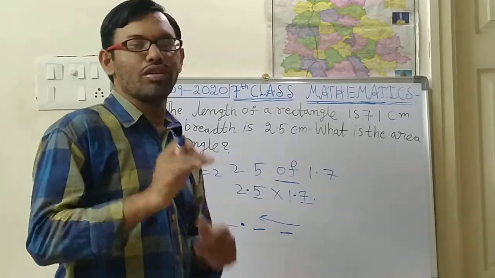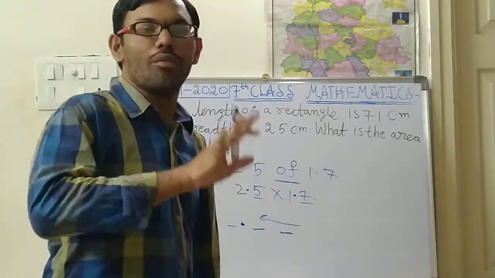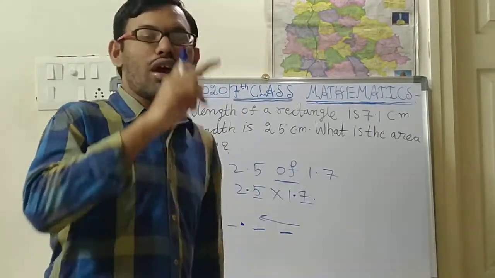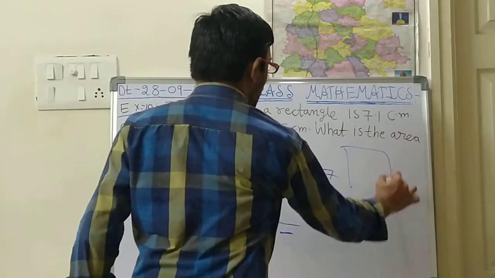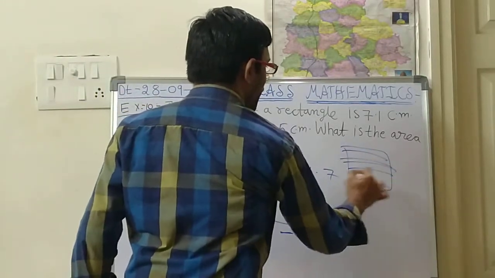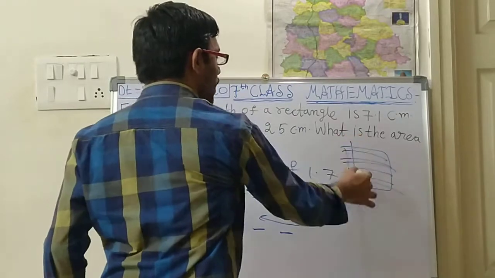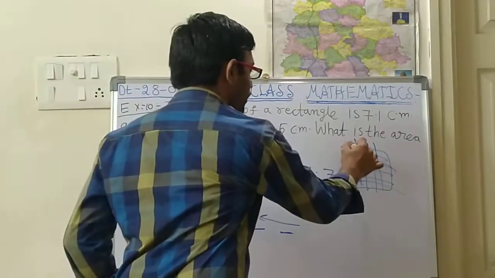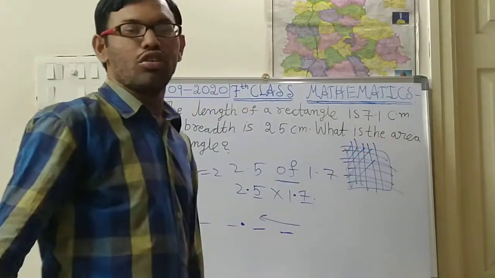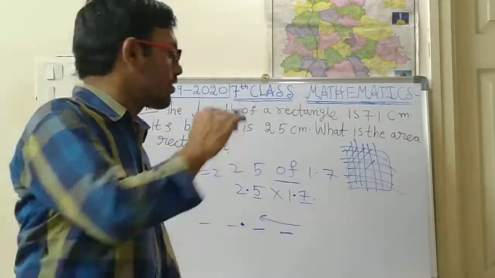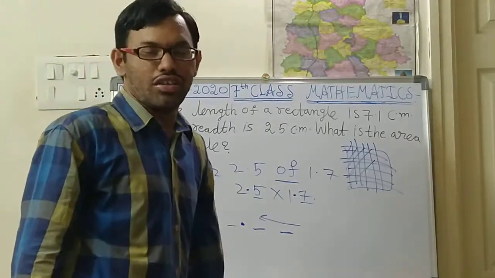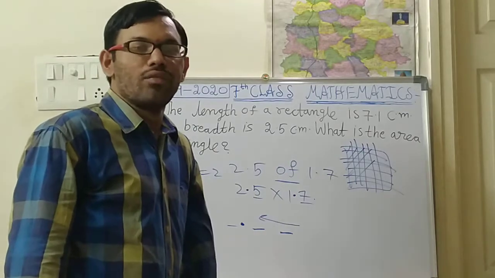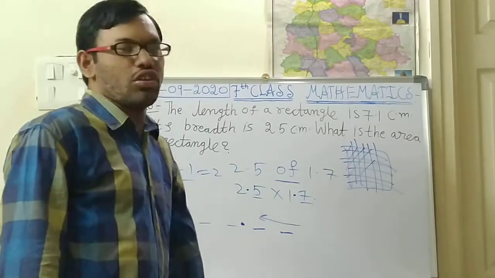For those tenths only we can do the pictorial representation, using a square. Taking a square and dividing it into 10 equal parts, and in the 10 equal parts again, for the numerator you should do the shading. Numerator is for shading, denominator is for dividing the figure into that many number of parts. Like that you have seen.